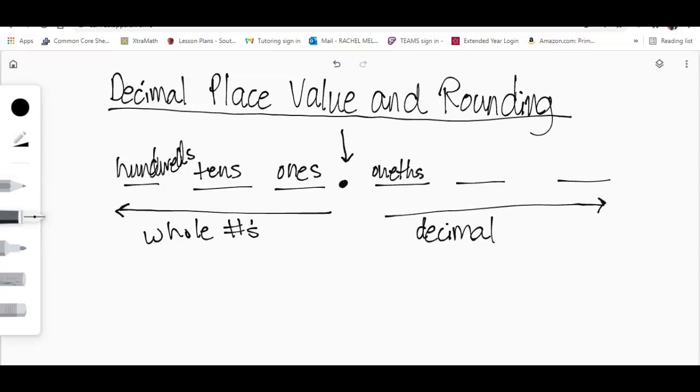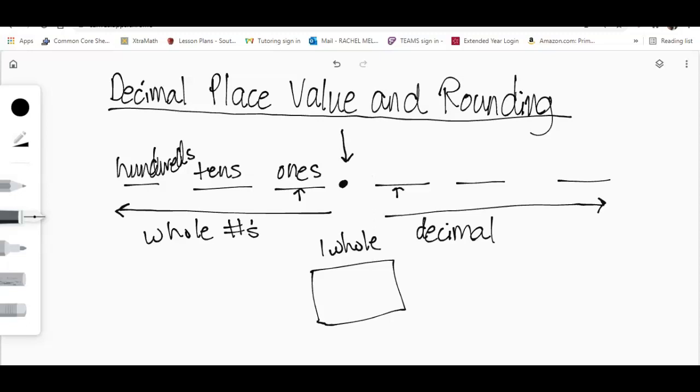I know that a lot of times we think that since this is the ones place here, this has to be the oneths, but there is no such thing as a oneth. You need to think of it this way. Here's my whole. This is one whole.